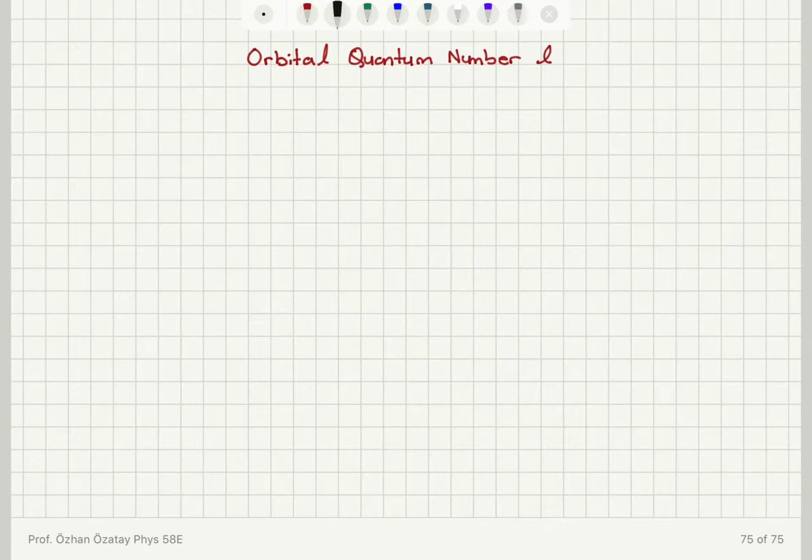We will now talk about the significance of the orbital quantum number L and what it tells us about the electrons.